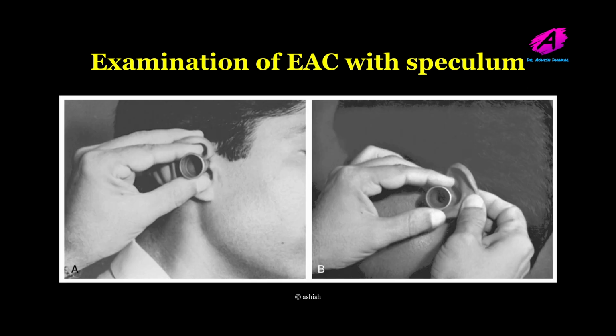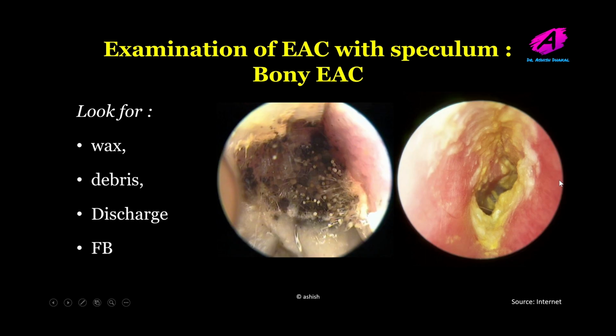So holding the speculum, this is the method of holding the speculum. You can hold it with one hand or you can use both your hands to hold the speculum. Generally a metallic aural speculum is used for examination of the external auditory canal.